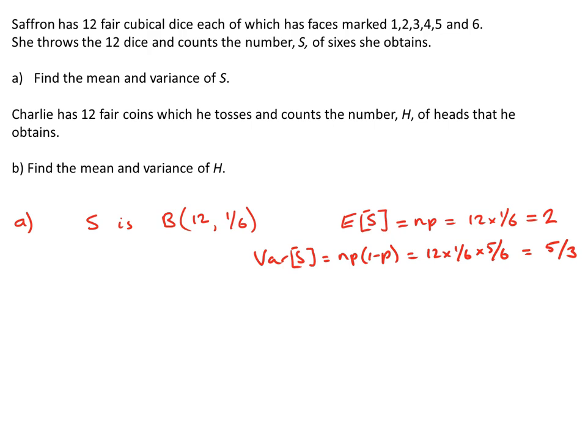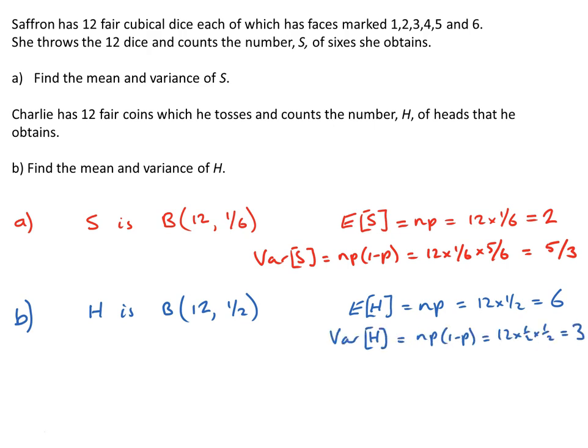For H, we know that H is binomial with n equals 12 and p equals 1/2. So the expected value of H is n times p, which is 12 times 1/2, which is 6. And the variance of H is np times 1 minus p, 12 times 1/2 times 1/2, which is 3.